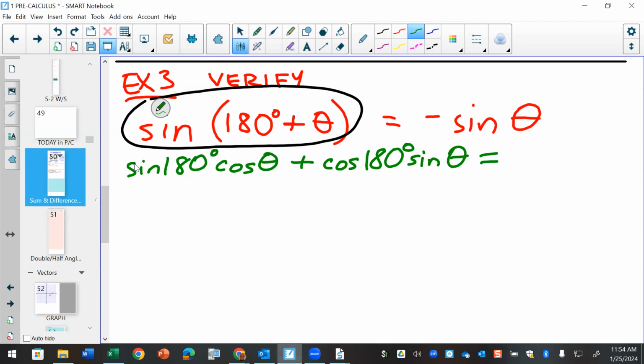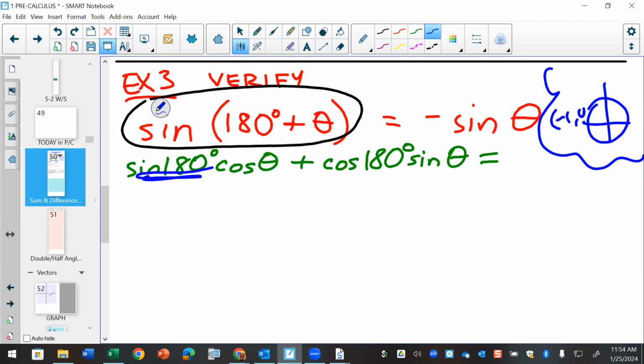You'll like this. This is easy now. I need you and your unit circle. Go find me sine of 180. I'll put it up here. So sine of 180 is 0. Good. So guess what? That just turned into this 0 times cosine. We'll deal with that in a minute.